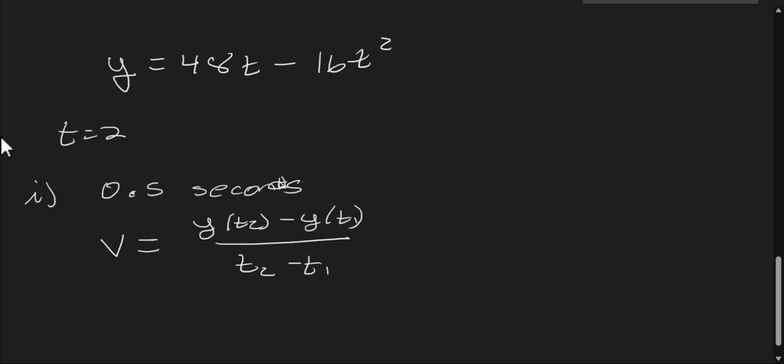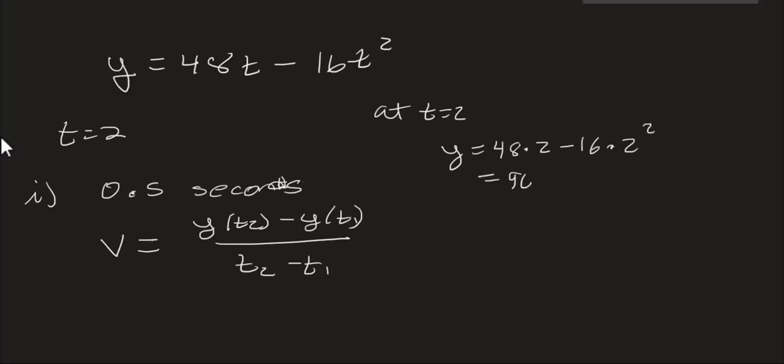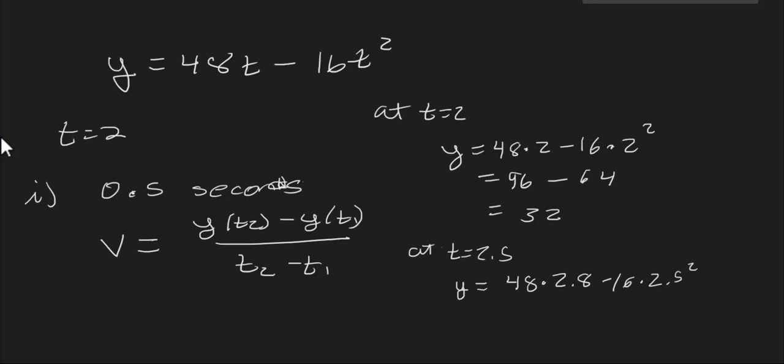And so at time t equals 2, if I plug in 2 here, I get y equals 48 times 2 minus 16 times 2 squared. That's 96 minus 64, which is 32. And then at 0.5 seconds, at t equals 2.5, you would have y equals 48 times 2.5 minus 16 times 2.5 squared. That's supposed to be a 2.5.